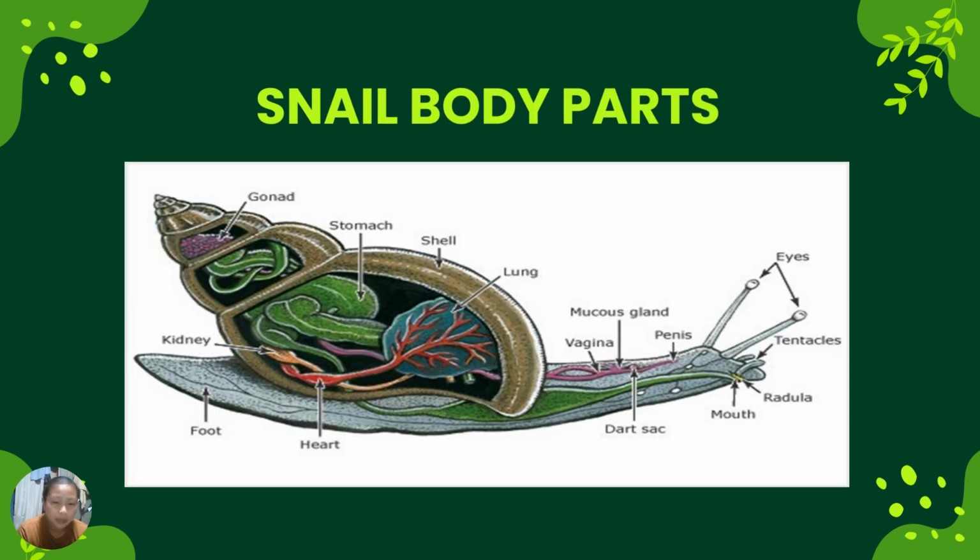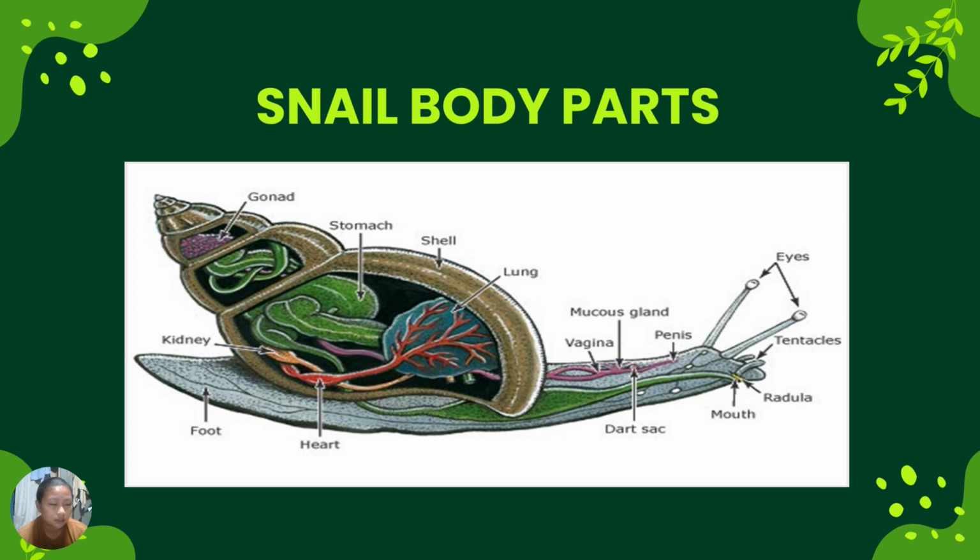This is the body part of a snail. Snail body parts contain the gonad, the kidney, foot, heart, stomach, shell, lungs, mucus glands, eyes, tentacles, radula, mouth, dart sac, vagina, and penis. The gonad produces the eggs and sperm of the snail, and the foot secretes mucus or slime to lubricate their movement.